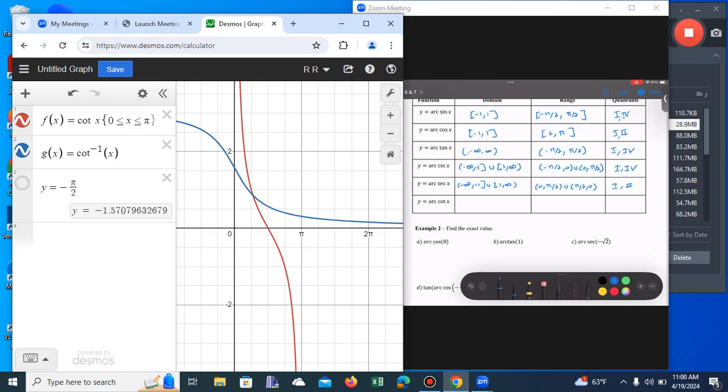The domain for arc cotangent is negative infinity to infinity, just like tangent, arctangent. And it goes from 0 to about pi, which would be first and second quadrants.